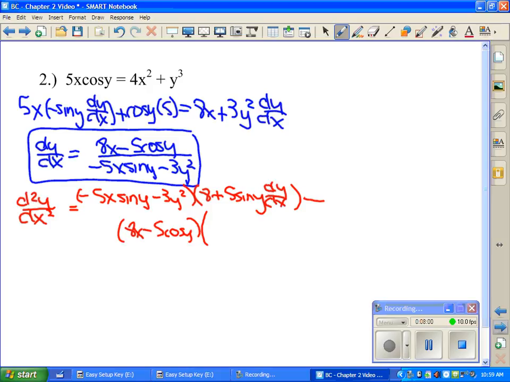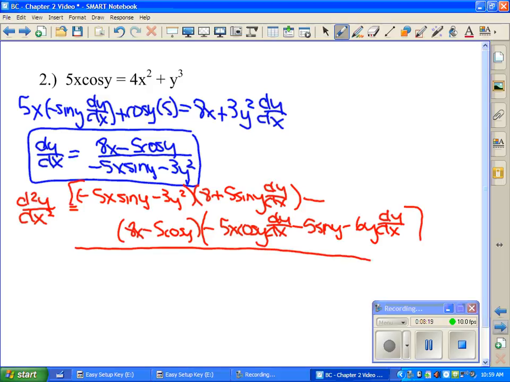And the bottom, notice I'm going to have to use product rule, so that's negative 5x cosine y dy/dx minus 5 sine y minus 6y dy/dx. So that entire thing is divided by your denominator, negative 5x sine y minus 3y squared quantity squared.